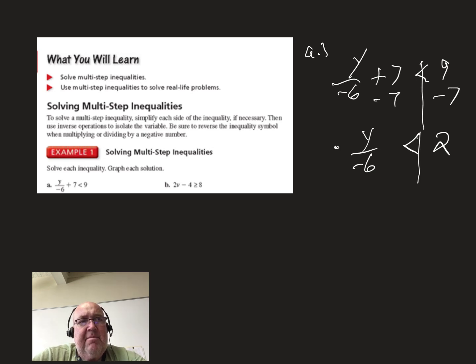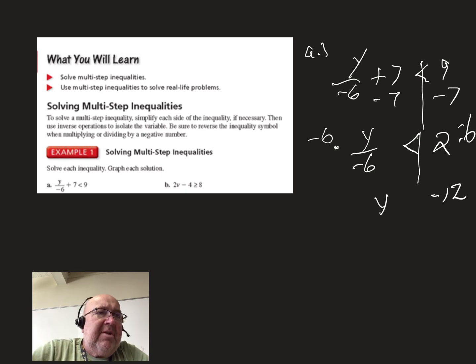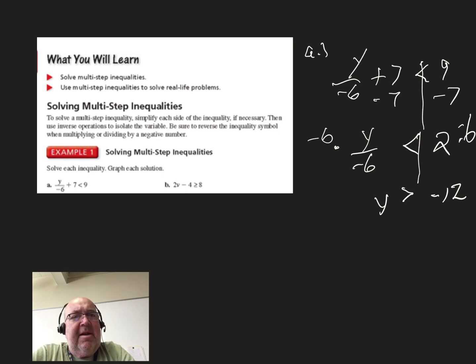We're going to go ahead and multiply by -6, multiply by -6, and we're going to get y -12. Remember that when we multiply or divide by a negative number, we're going to change the direction of that inequality. So we get y is greater than -12.